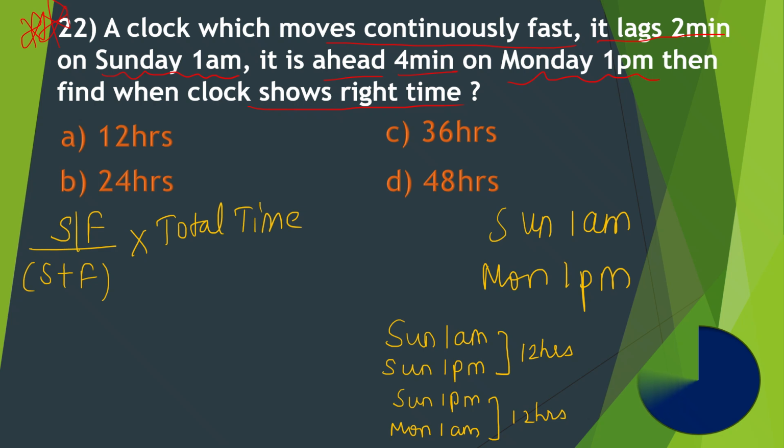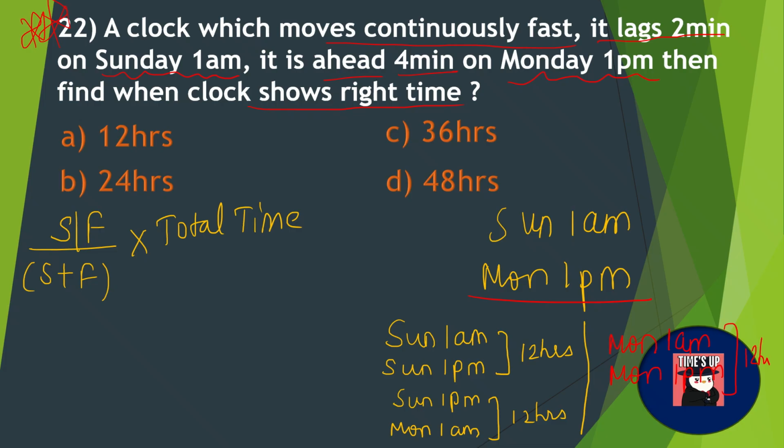Okay? Then next, here I will write Monday 1 a.m., that is in the morning, to Monday, what they've said, 1 p.m. Correct? So it will be 12 hours again. So 12 plus 12 plus 12, or 12 into 3, will give you 36 hours.